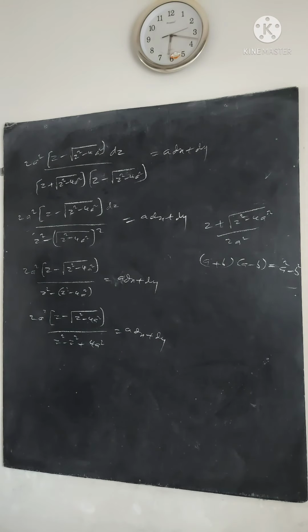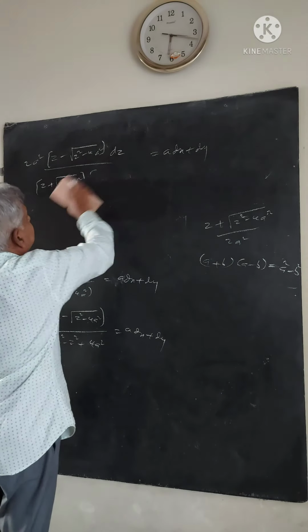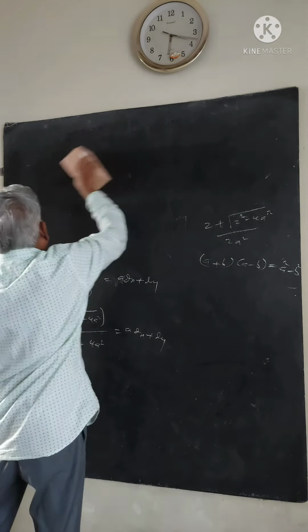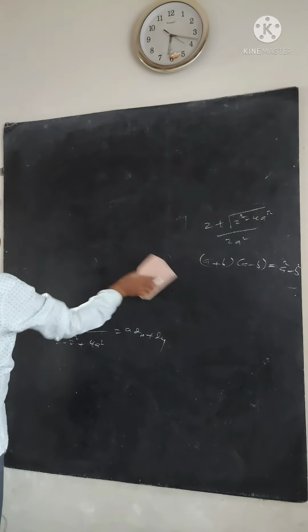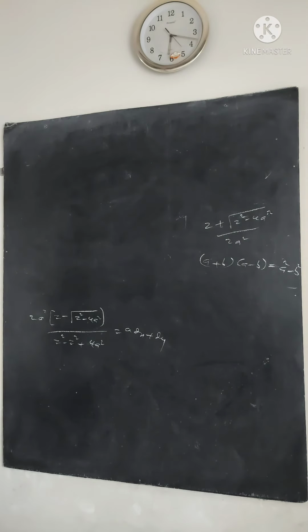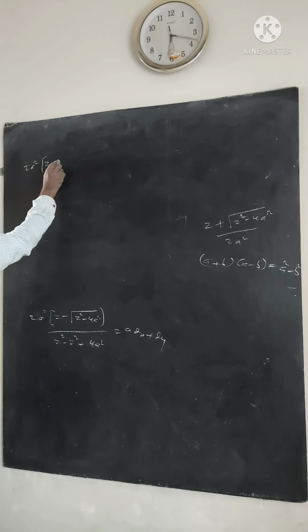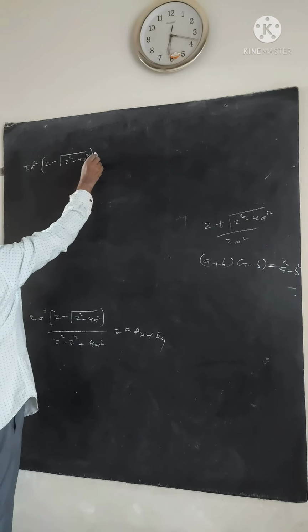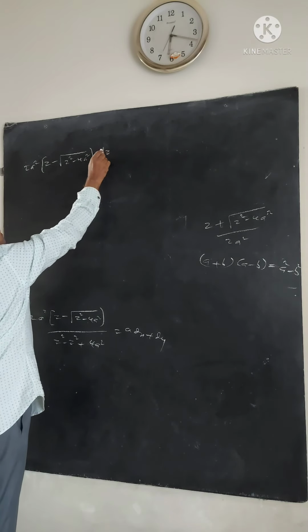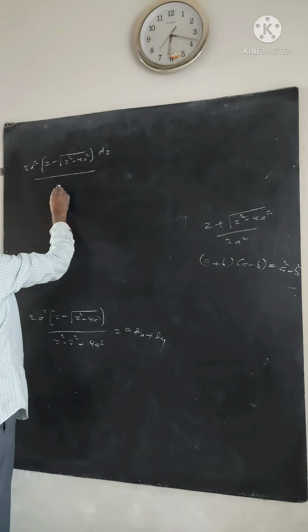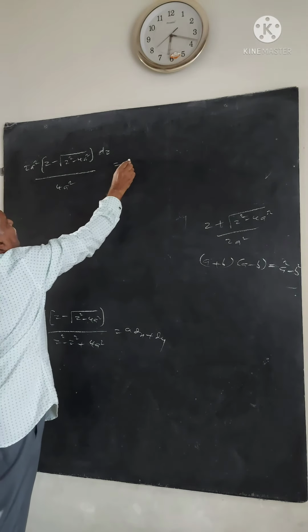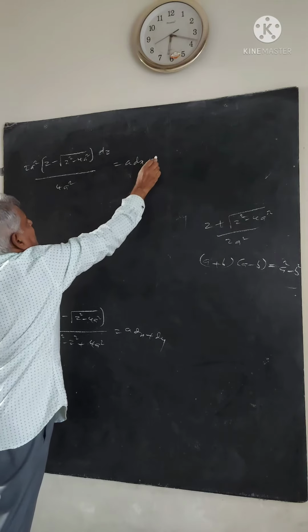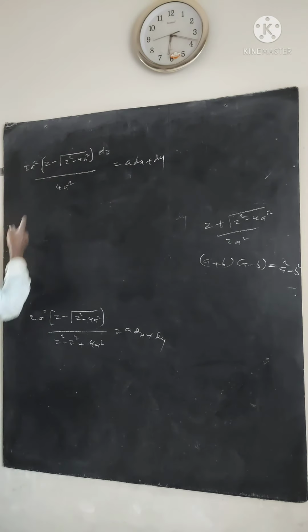The z square get cancelled. 2a square dz times z minus root of z square minus 4a square divided by 4a square equal to a dx plus dy.